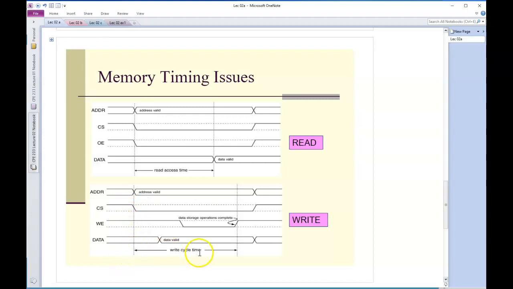From the time I give it the address to the time the data I'm writing actually gets written is a finite amount of time. I like referring to it as the write cycle time. It comes by different names, and different people call it different things, but the point is it's not instantaneous. So neither a read operation nor a write operation is instantaneous. That's what I'm hoping you take away from this.